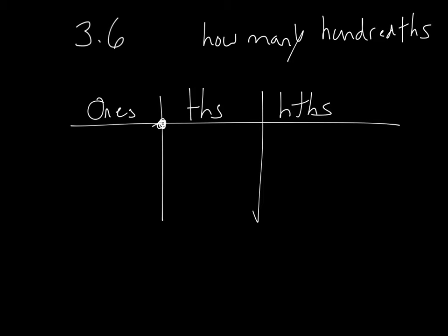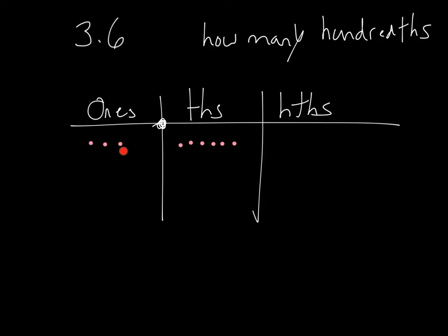I'm using abbreviations there, but this is tenths and hundredths. If I have 3 ones and 6 tenths, I want to regroup these to hundredths. So every single one, first of all, I would have to regroup these ones as tenths. So my 3 ones would turn into 30 tenths over here.